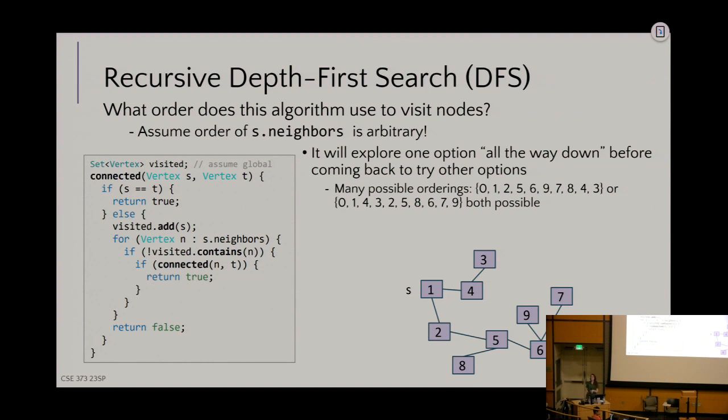So this is not a deterministic ordering unless we give you some requirement like visit the neighbors in sorted order. But usually it doesn't have that kind of requirement unless you add it because you need to adapt this algorithm in some particular way. So this is depth first search.